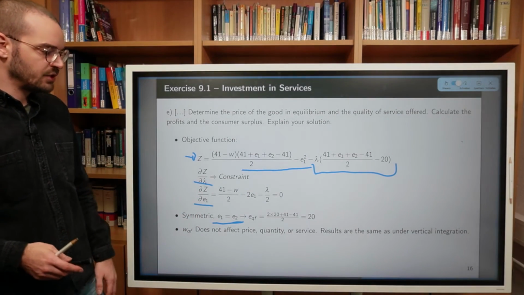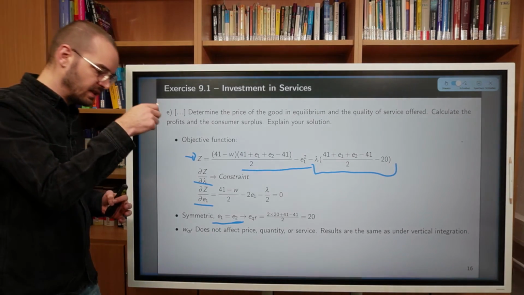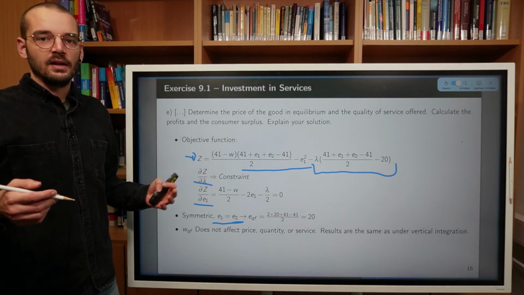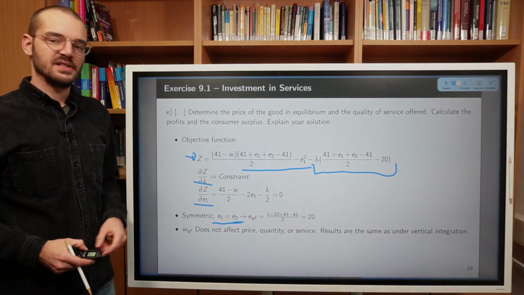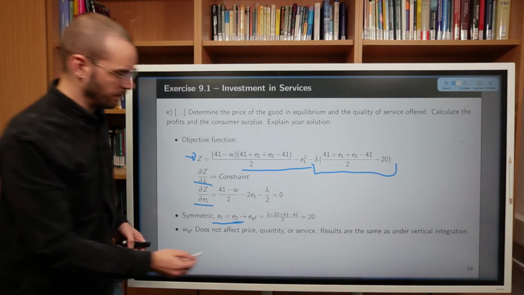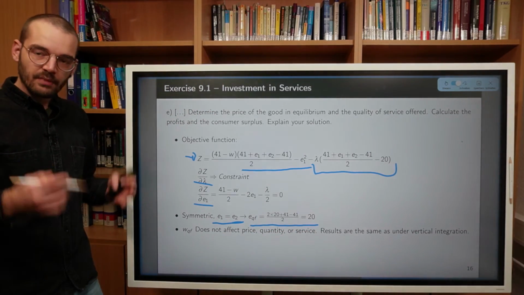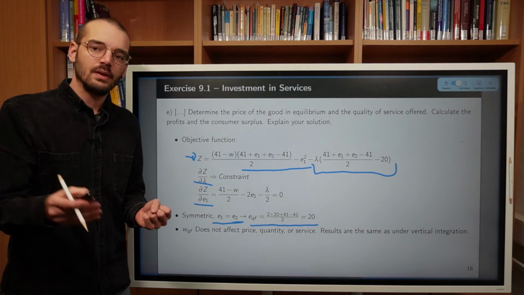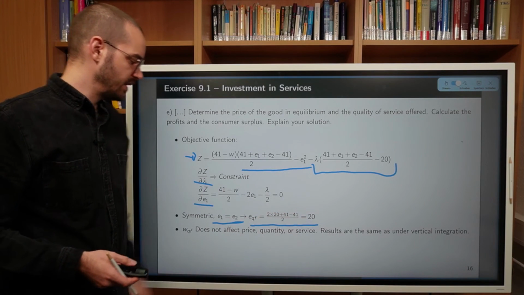So E1 equals E2. If we make use of all of this, we have a linear equation system, and we have this symmetry which simplifies our equations. We can then solve this equation system and through this find out the profit maximizing amount of services for a given quantity that the firm needs to sell, which equals 20.